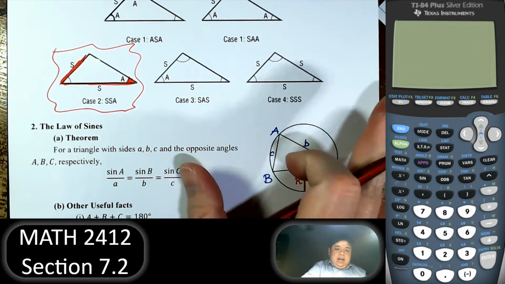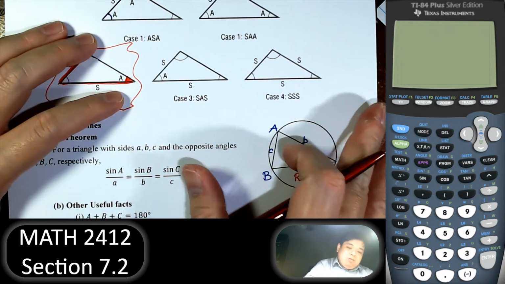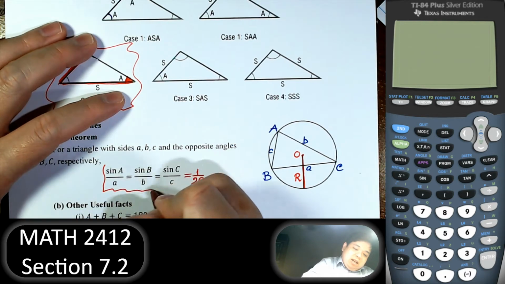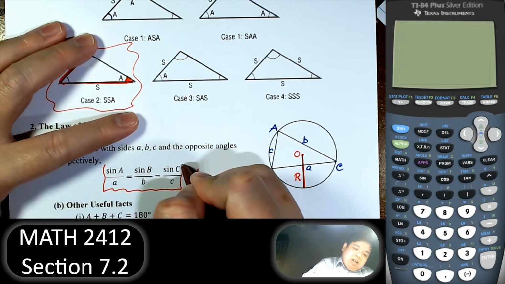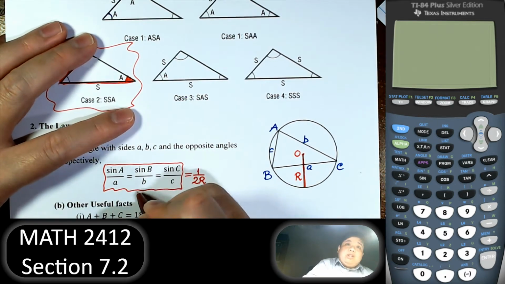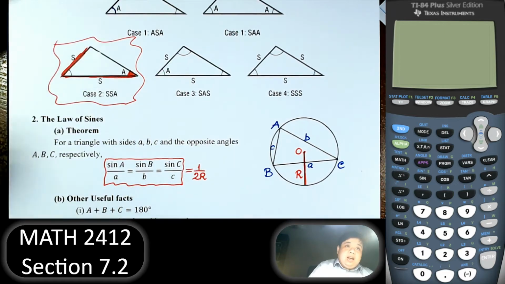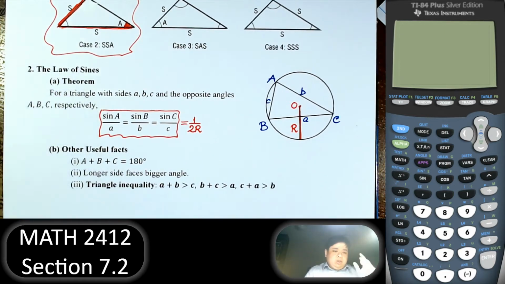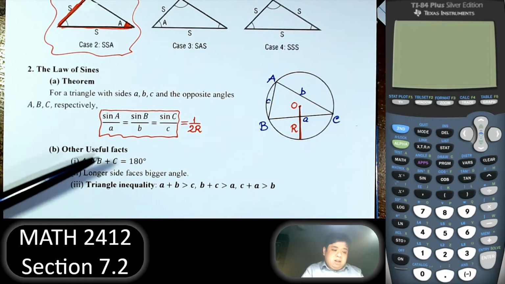But of course, we don't really need to focus on that. Just sine of A over a, sine of B over b, and sine of C over c are equal to a constant. So we're going to use that fact, that theorem.